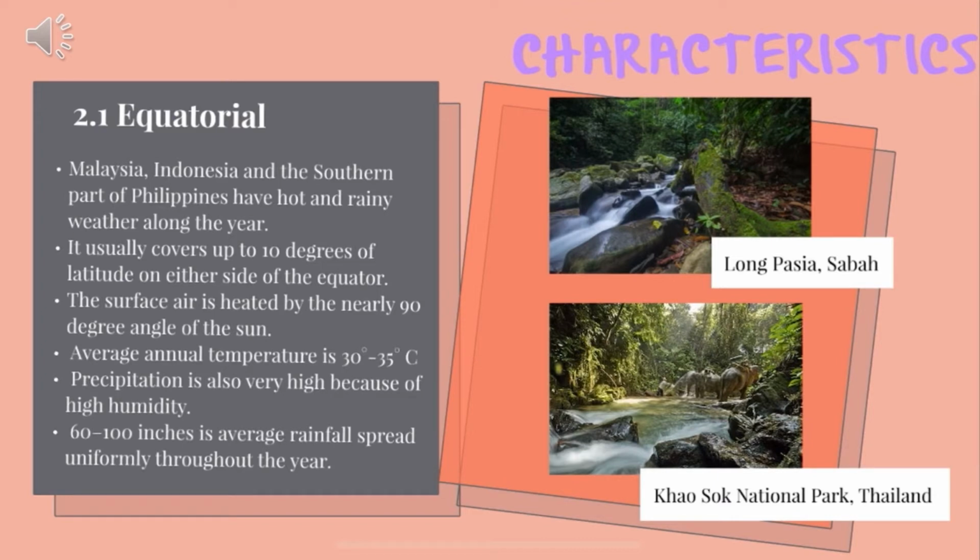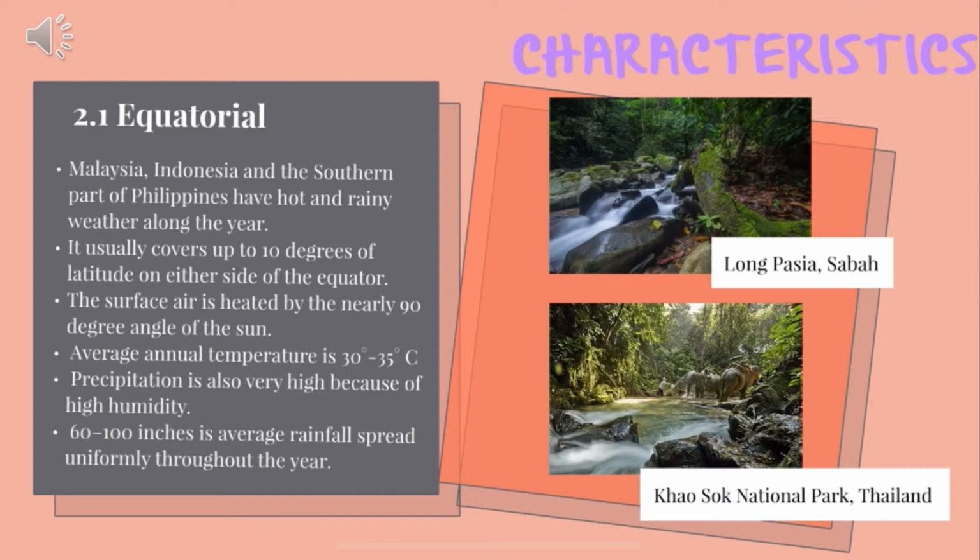Malaysia, Indonesia and the southern part of Philippines have hot and rainy weather all year. It usually covers up to 10 degrees of latitude on either side of the equator. The surface air is heated by the nearly 90-degree angle of the sun.